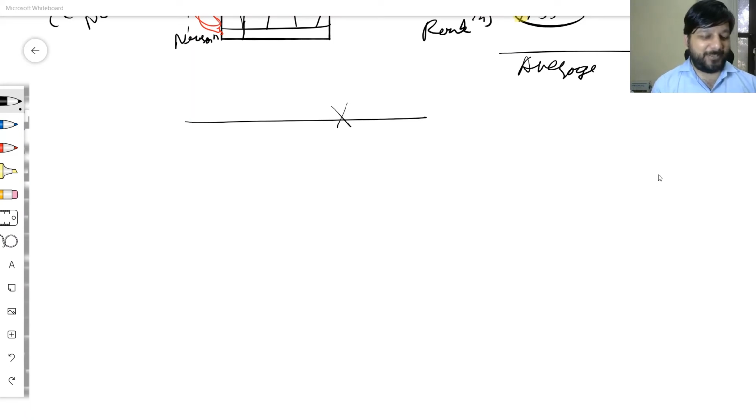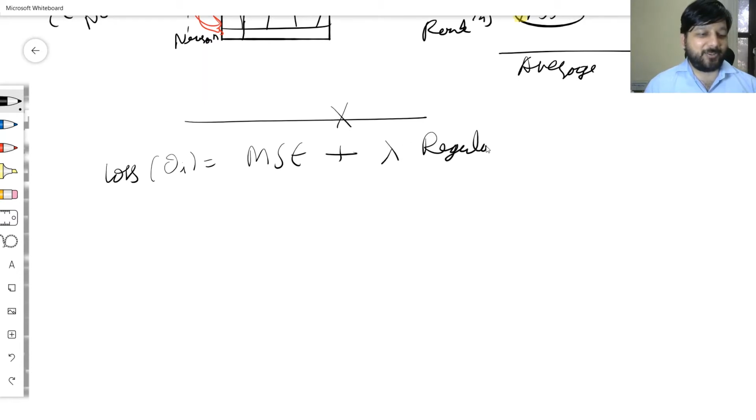And guess what? Even after speaking so much, what did I do? I said my loss function is mean square error plus lambda times regularization.